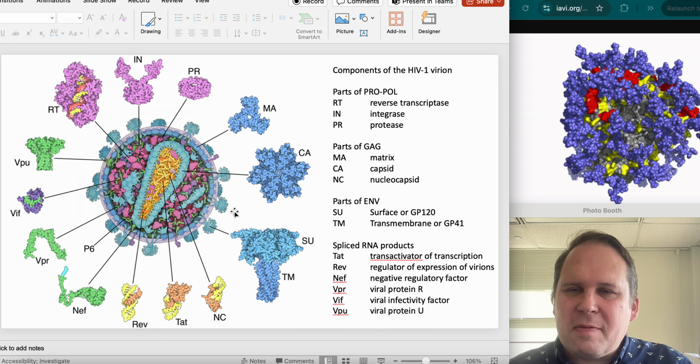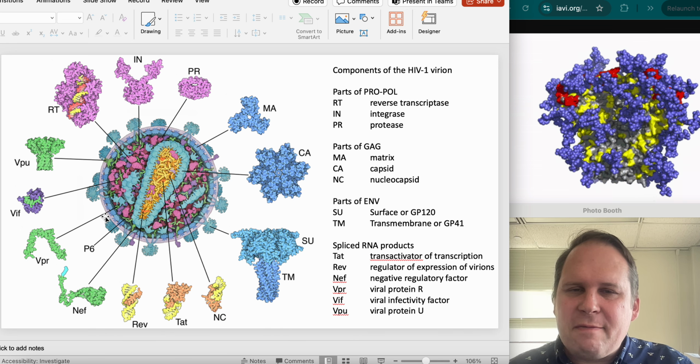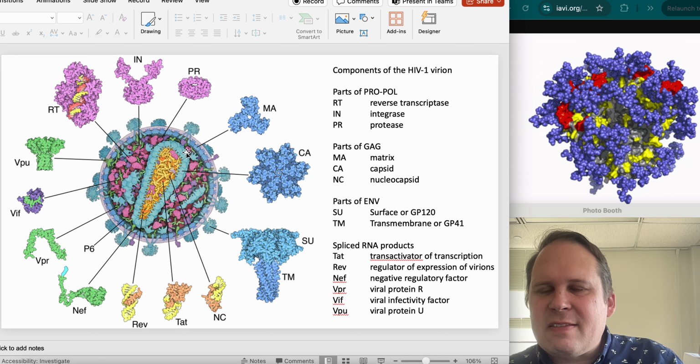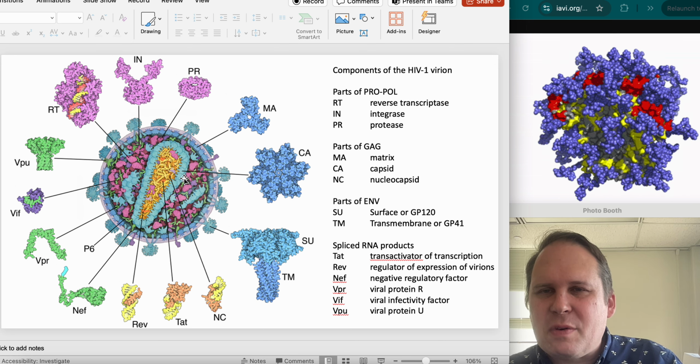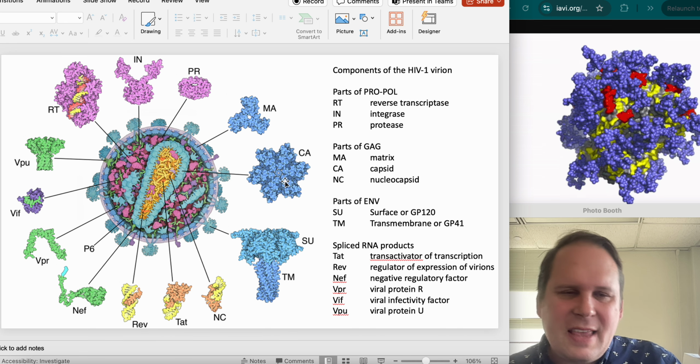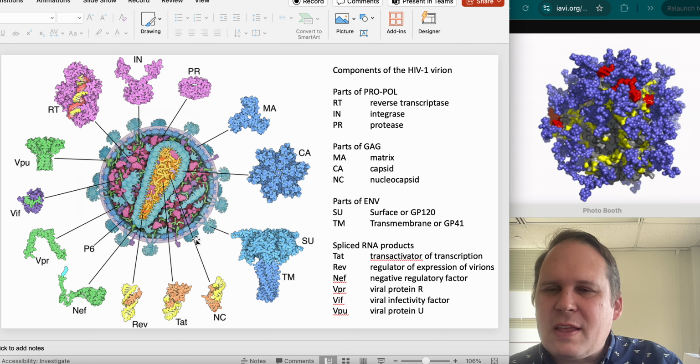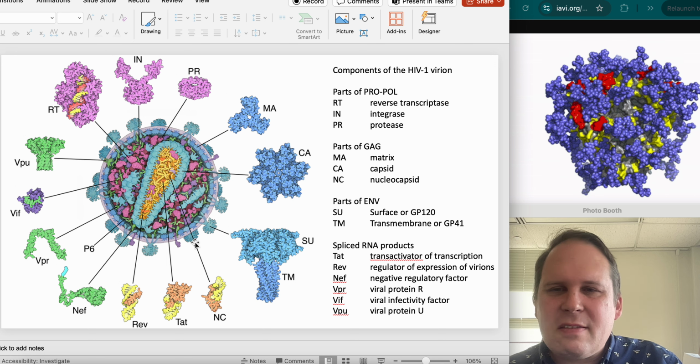All right, so here's our HIV virion. You can see some of these glycoproteins, these envelope proteins, all around the top. And then inside, you're going to have that little capsid, which is going to be made of the CA protein, capsid protein. And then inside the CA protein, there's going to be a nucleocapsid protein, wherever that is.